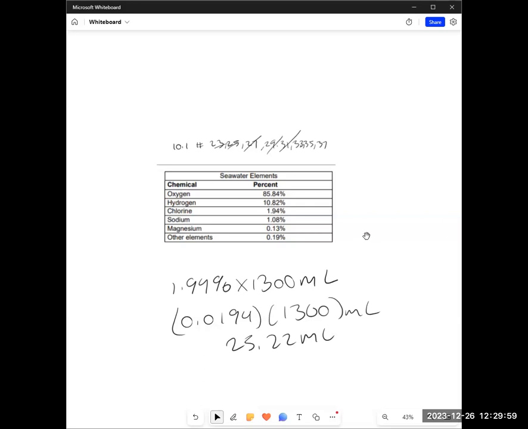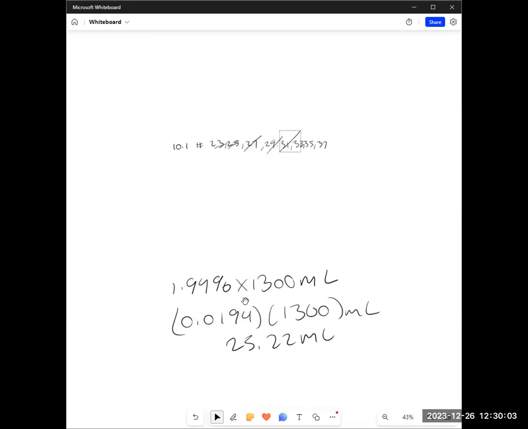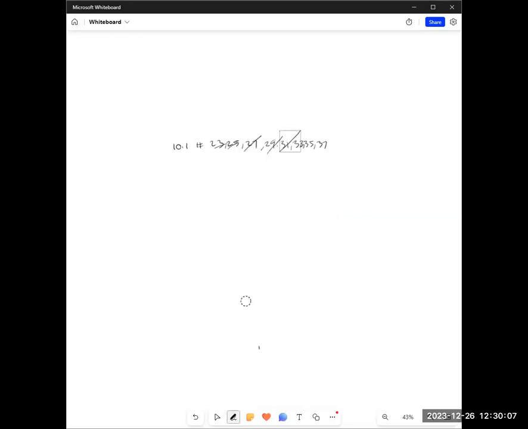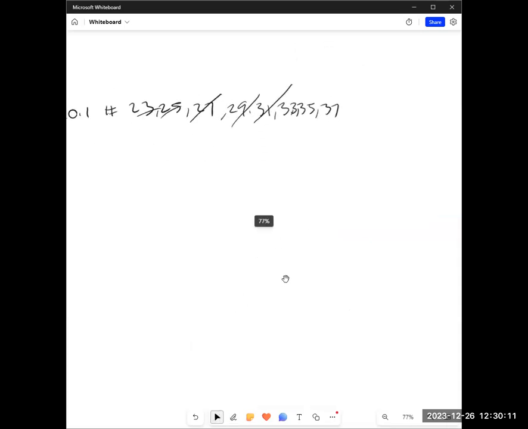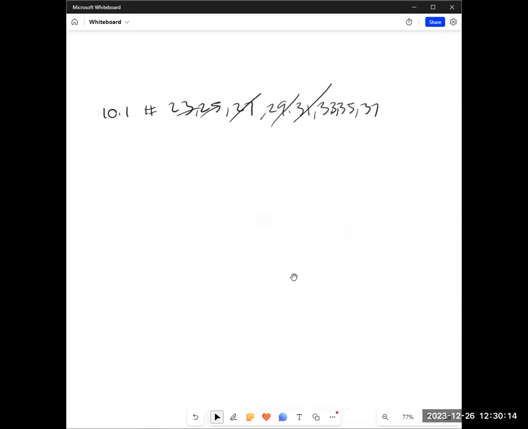Right. A couple more problems here. Let's get rid of this and this and zoom back in. So we're on number 35 now, which is another circle graph. Copy that over for you.